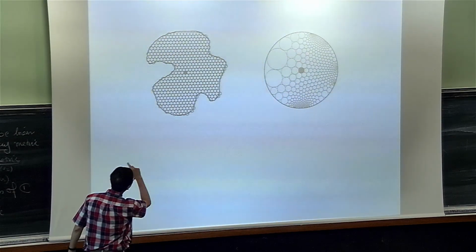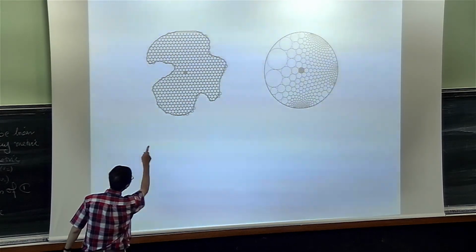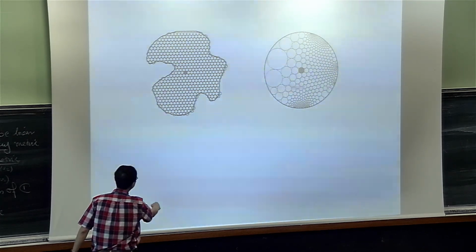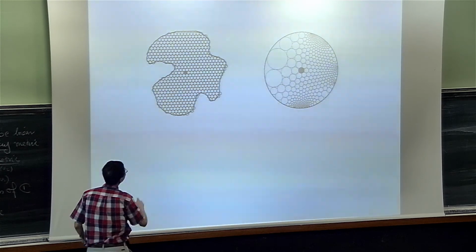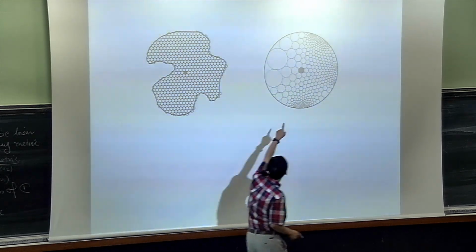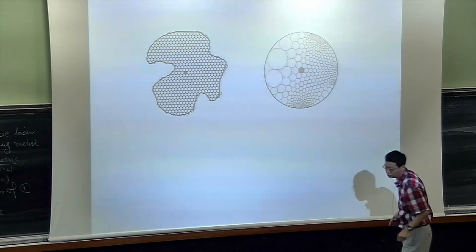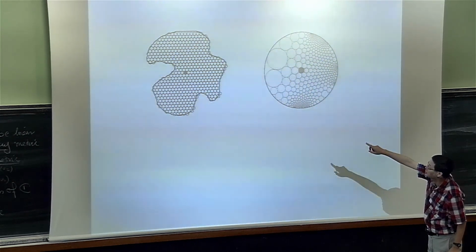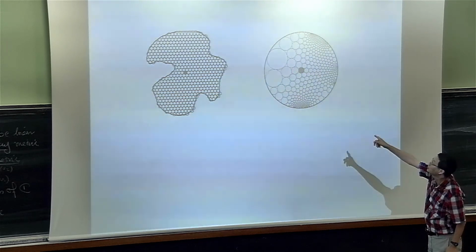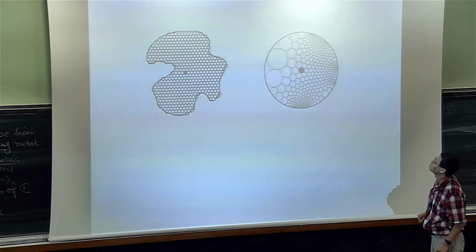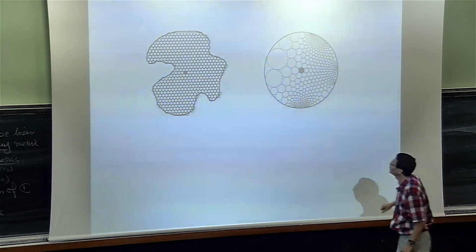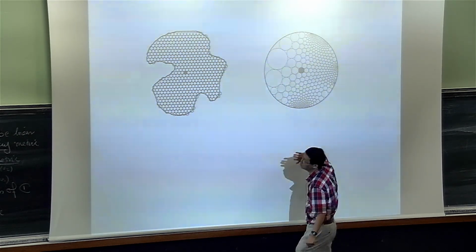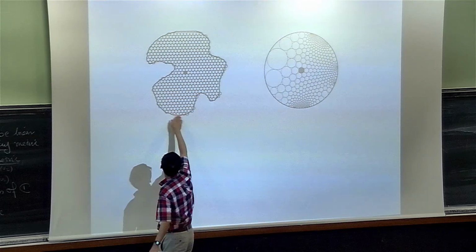You take a simply connected domain, take a point there, and by the Riemann mapping that point is going to be sent to the center of the unit disk. This is the marking point, and you map it by Andreev-Koebe-Thurston. So what this picture shows is that this is a very good approximation to the Riemann mapping theorem. And you may see there are some accumulations here which correspond to the region where the curvature is large.